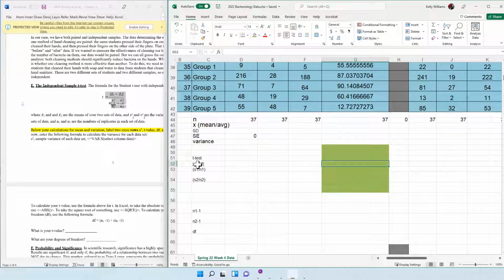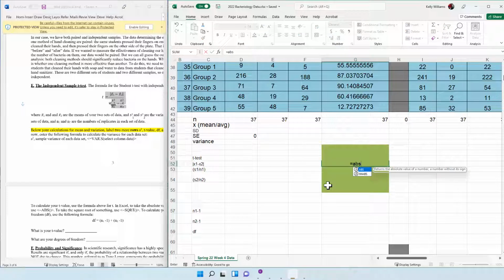So again, x1 minus x2. So you can calculate out the absolute value. To take the absolute value of these two, you have to type in, I think it's absolute, yeah, abs, right?